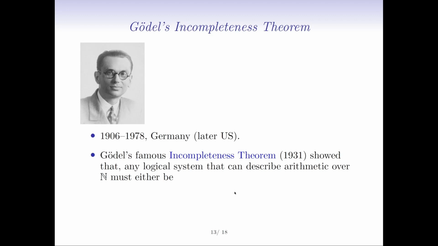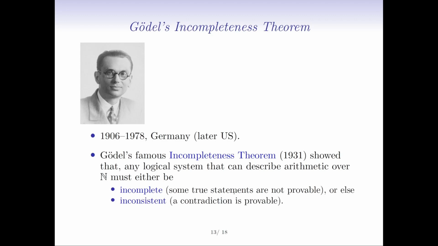So fairly basic, but enough to do conventional arithmetic in, must either be, number one, incomplete, meaning that there are some true statements in the system that are not provable, or else, if it is complete, then it in fact must be inconsistent, which means that a contradiction is provable.